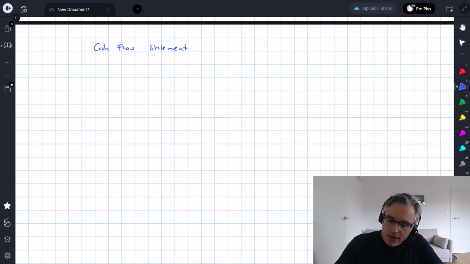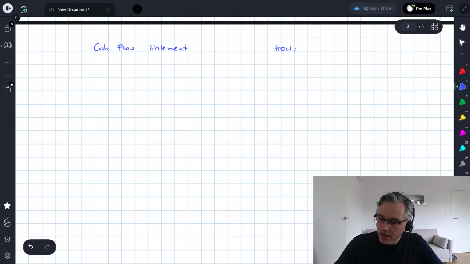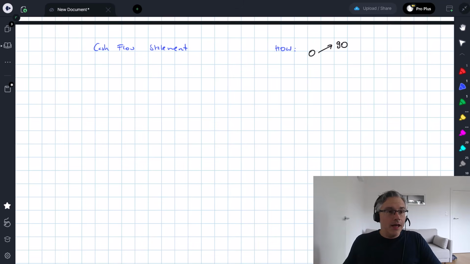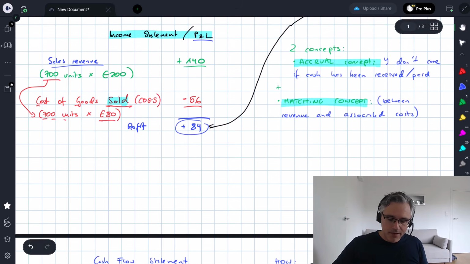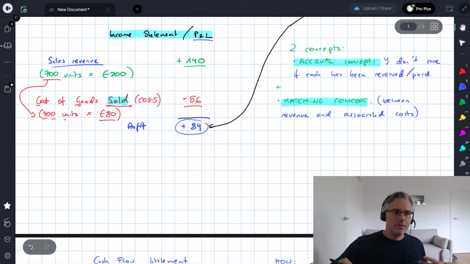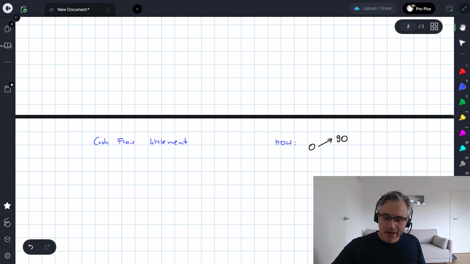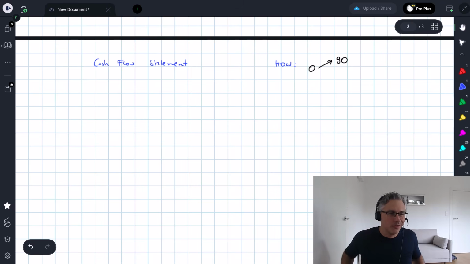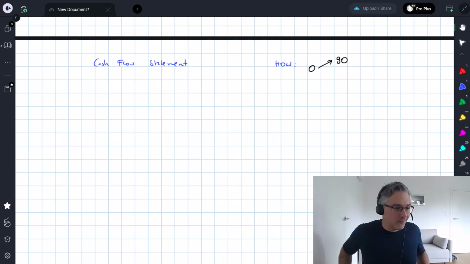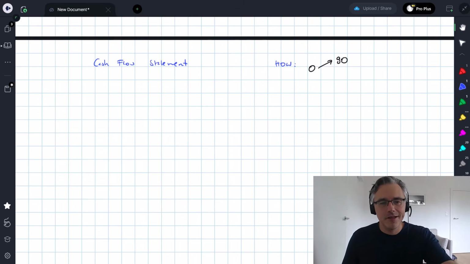So what we're going to try and explain is how, in terms of cash, the business went from 0 to 90. And it has to be done in a pretty systematic and orderly way, just like the income statement always starts with sales revenue and then has the cost of goods sold. Actually, that depends on the business, because if you're looking at a bank's income statement, it will not start with sales revenue and cost of goods sold, but probably interest income and interest expenses because of the nature of the business.